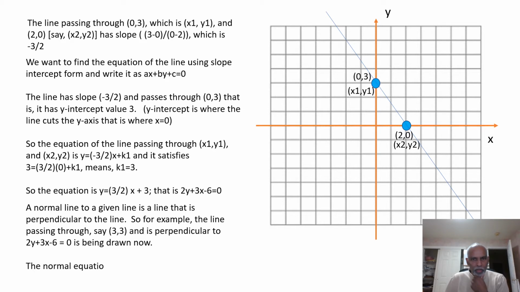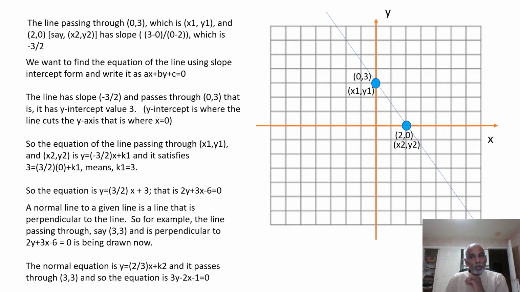We said the normal equation is really, again, we'll use the slope-intercept form. The slope of a normal line to this line is the negative reciprocal of the slope of the given line.